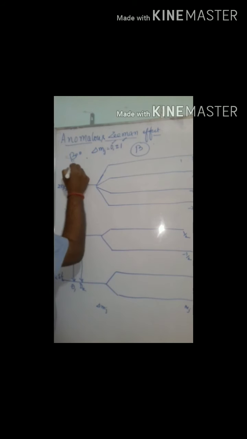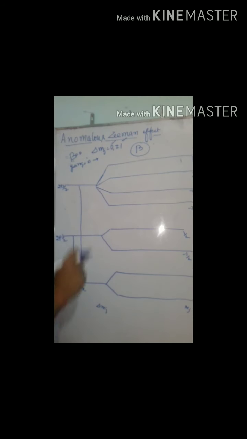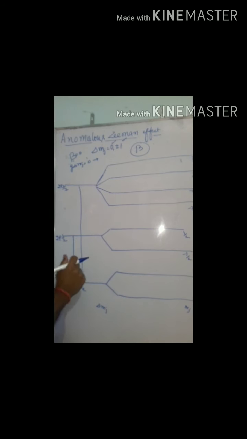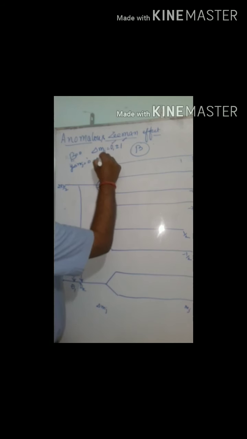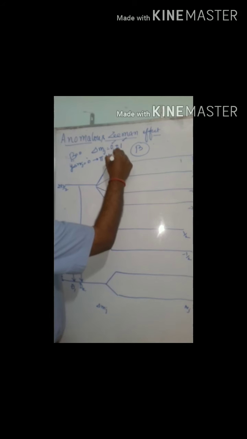If delta mj is equal to 0, this means these are the electric vectors of these lines. They are plane polarized lines. The electric vectors are parallel to the applied magnetic field. That is, these are called pi lines, right? These are pi lines, and the electric vector is parallel to the applied field.